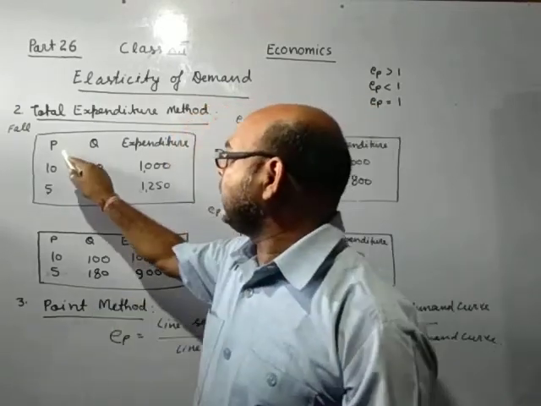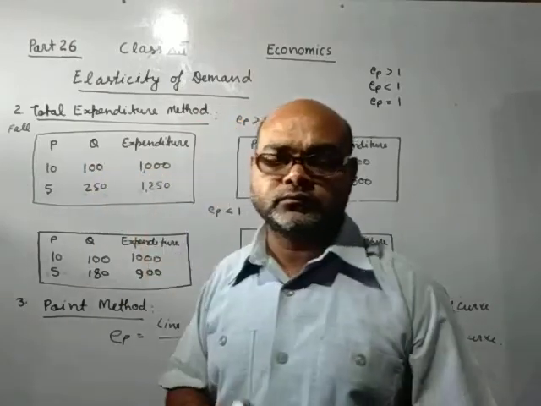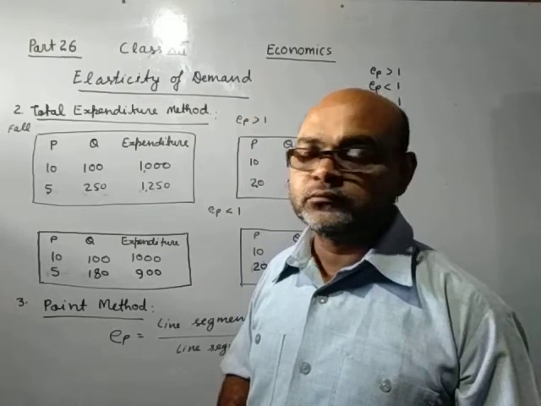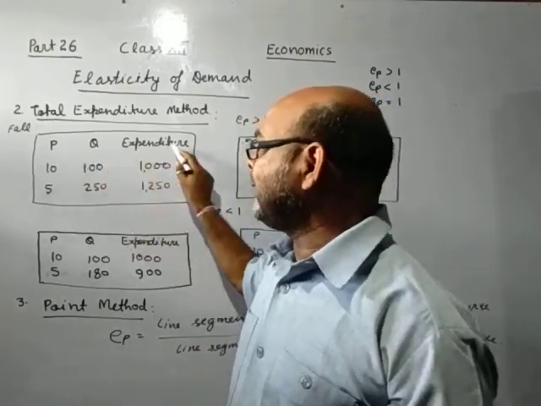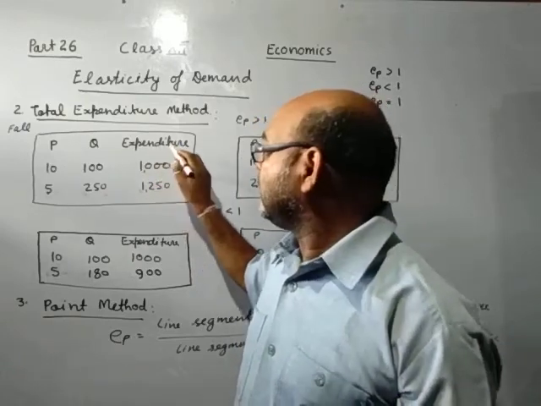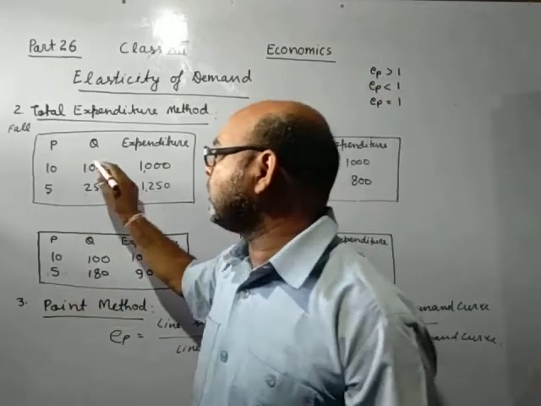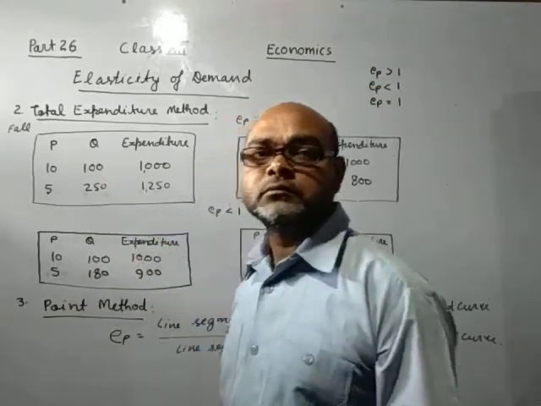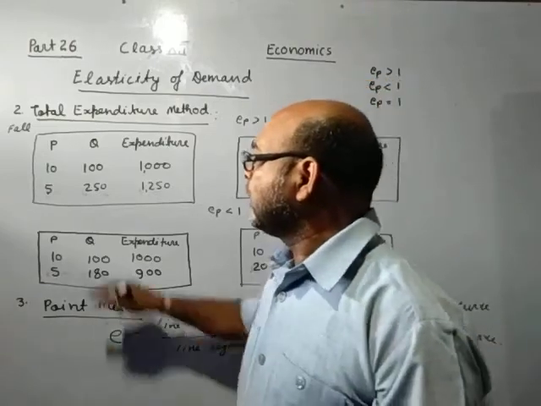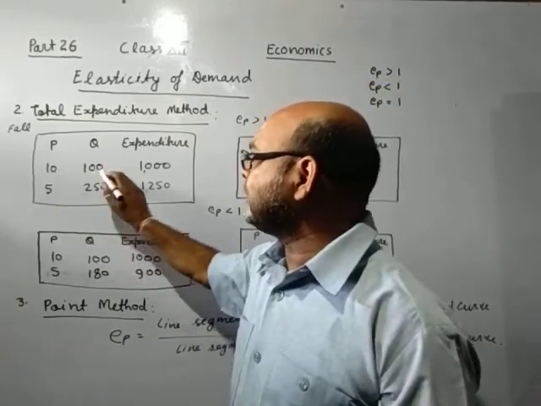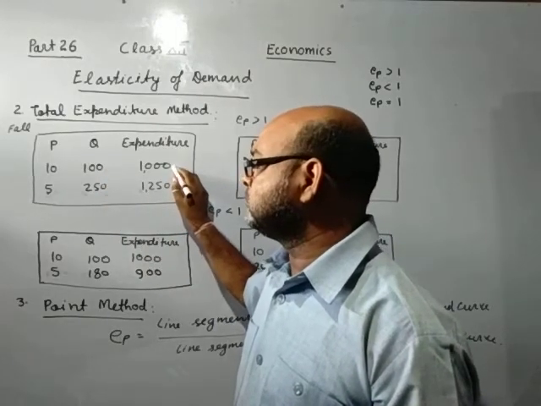Price into quantity is called expenditure, and this is the revenue of the firm and the expenditure of the consumer. For example, price is 10 rupees, quantity is 100, so the shopkeeper will get 1000.